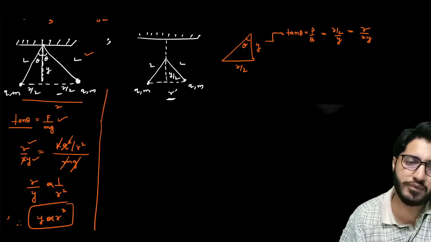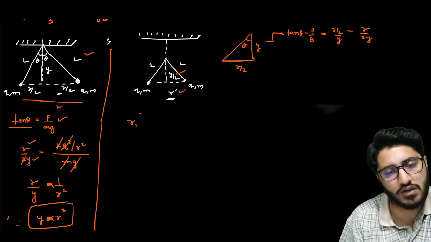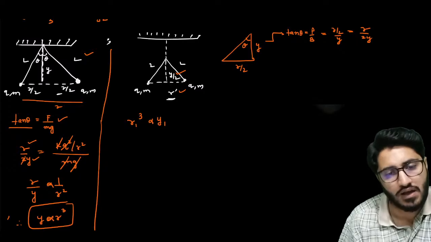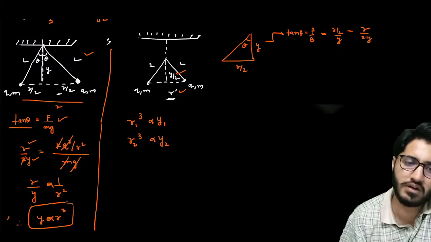Now here in this second phase, y gets changed, r gets changed. So can I write here r1 cube is proportional to y1 and r2 cube is proportional to y2? Okay, so what is r1? Sir, r1 is equal to r only, so r cube.